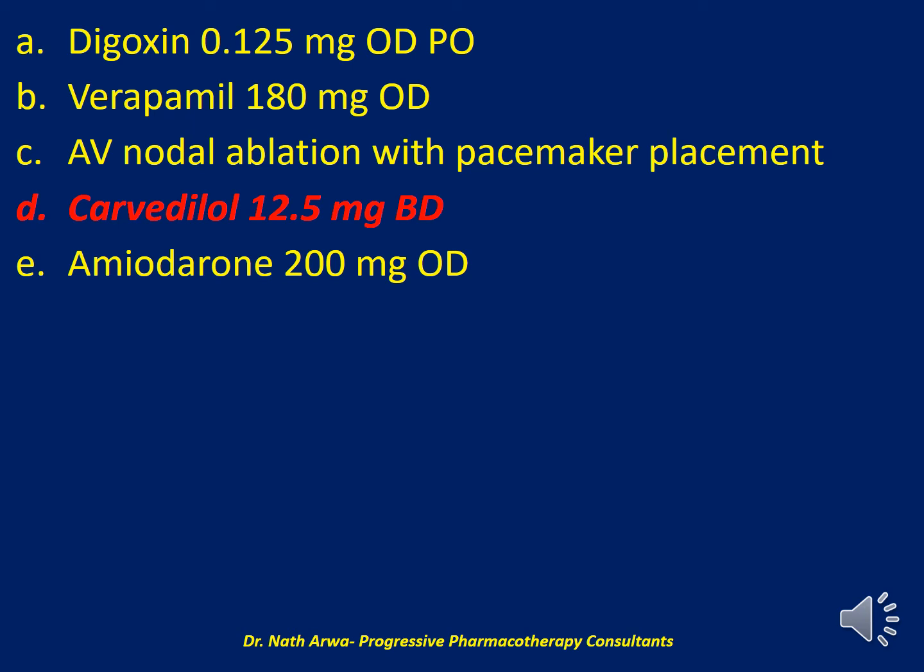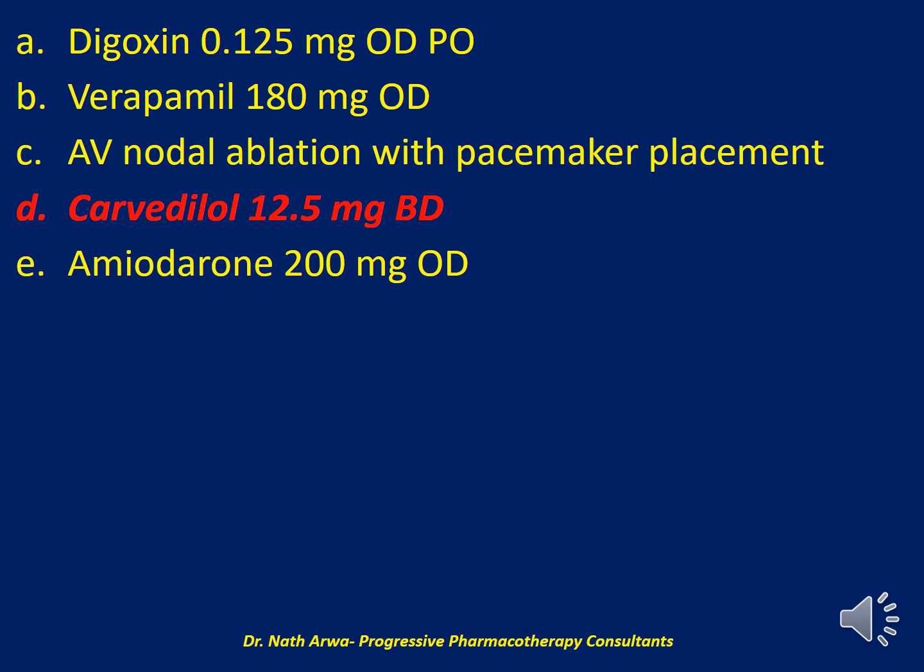Now, AV nodal ablation is indicated for patients when pharmacologic therapy is inadequate and rhythm control isn't achievable. So C is wrong. Oral amiodarone is a reasonable rate control option when other agents have been unsuccessful or are contraindicated. So E becomes wrong.